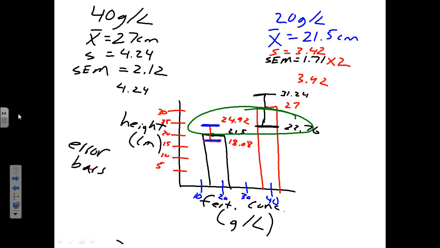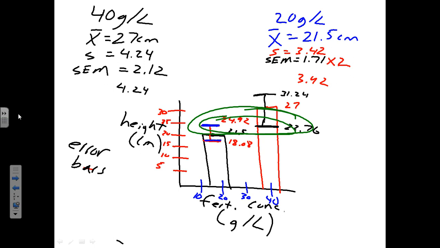So you only look at the top and bottom? Well, you're looking for overlap, wherever the overlap might happen. If this one's lower than this one, it's got to happen between the top of the 20 and the bottom of the 40, right? So like which one is closer, the bottom, is that what you're saying? Well, this one went up to 24.92. This one went down to 22.76, which means in this area, they're the same.